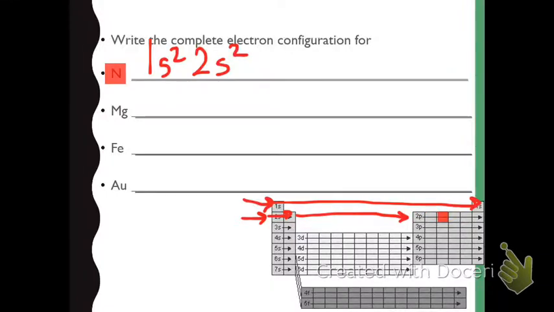So I have to switch and label those separately when I go to a different set of orbitals, even if they are on the same level. So 1s2, 2s2, then 2p. I have to go to 1, 2, 3 squares in order to get to nitrogen. So this is nitrogen's electron configuration. We just keep going row by row from the beginning until we get to our element's square.